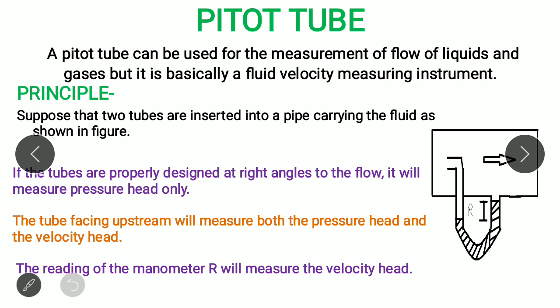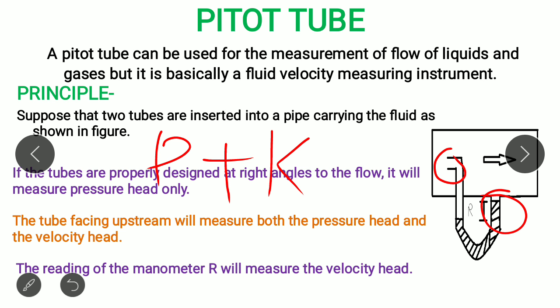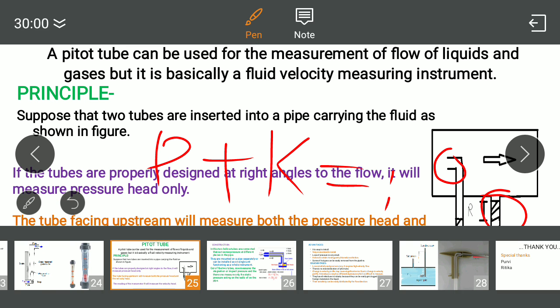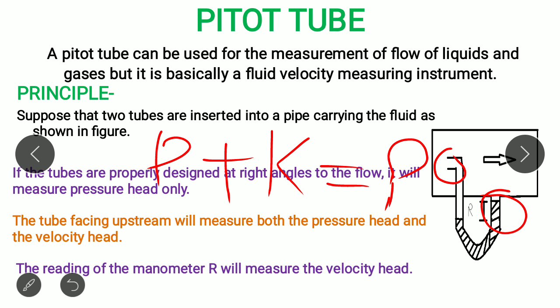Because in this situation, this point is measuring both pressure energy and kinetic energy, that is velocity head, and this point is measuring only pressure energy, no kinetic energy. As per the law of conservation of energy and Bernoulli's theorem, they would have the same energy, right? Sum of energy will be the same.